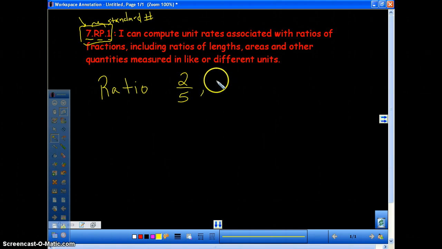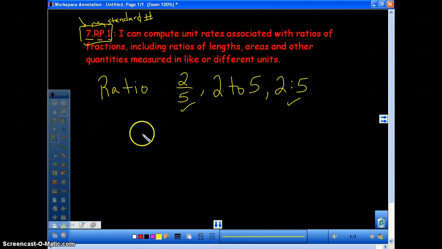Another way to write a ratio is saying 2 with the word spelled out, 2 to 5. And a third way is using a colon in between them, saying that I am comparing 2 to 5. More often than not, you are going to see ratios written this way and this way, occasionally here, but what we're going to look at most is in fraction form and with the colon.